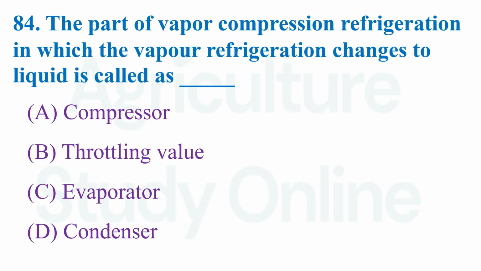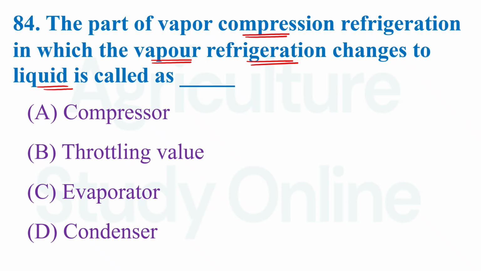Question 84. The part of vapor compression refrigeration in which the vapor refrigerant changes to liquid is called as, first one, compressor. So compressor basically increases the pressure and temperature, so no phase change to the liquid. Throttling valve, so it basically reduces the pressure of the liquid refrigerant.